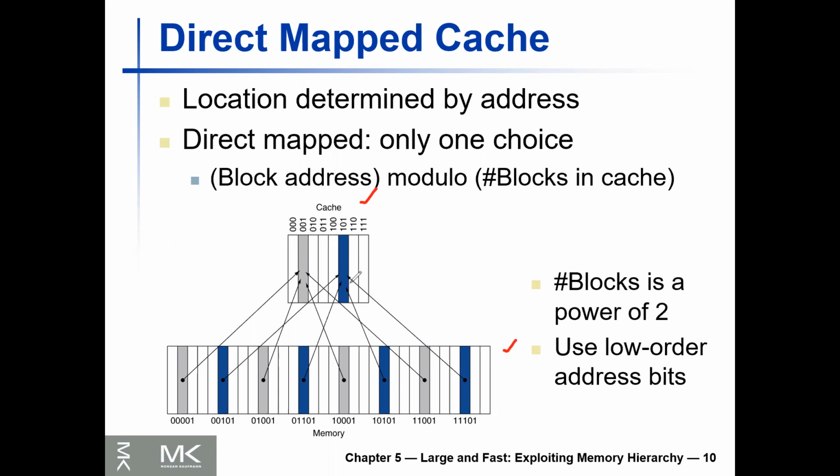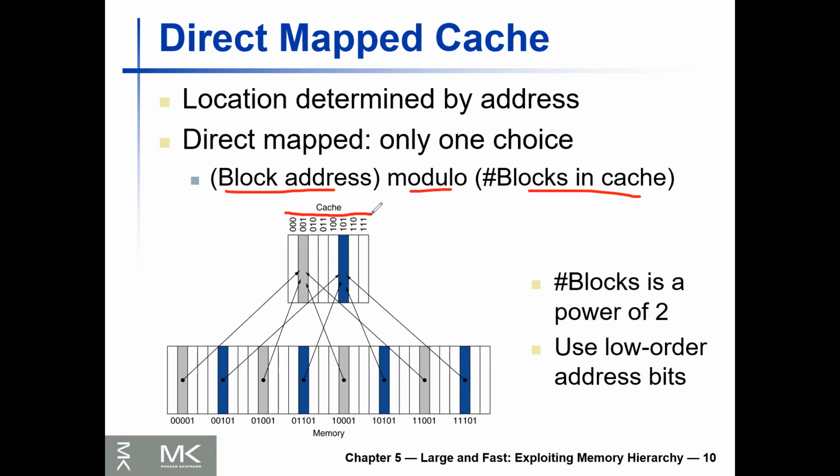If you focus on the blue ones, out of these 4 addresses, any one can be here. So how do we know whether it is going to be here or somewhere else? The formula is block address modulo number of blocks in the cache. First, you need to understand how many blocks are in the cache.